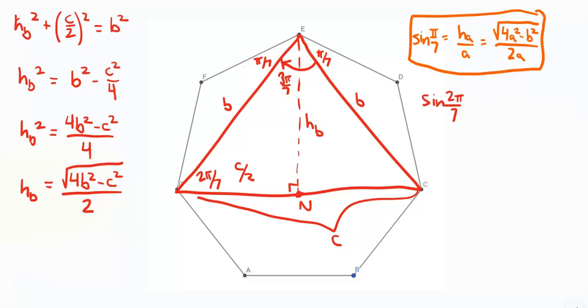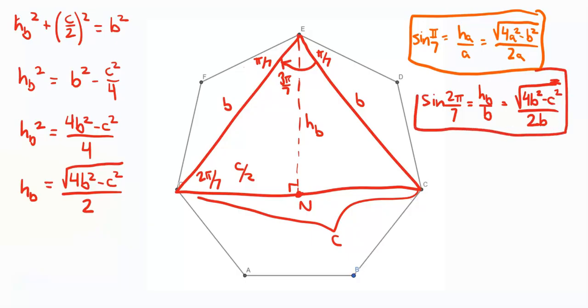So the sine is going to be H sub B over B. The H sub B is opposite 2 pi over 7, and the hypotenuse is B. So we will set up the ratio as the square root of 4B squared minus C squared all over 2B. And that's the second one that we need for the calculation that I intend to complete in my next video.